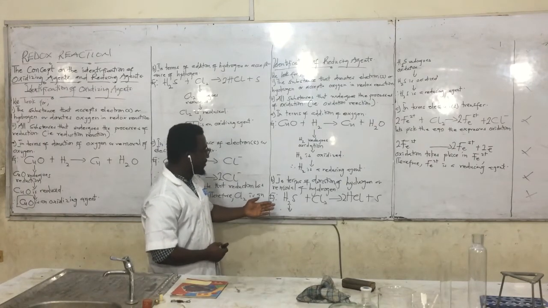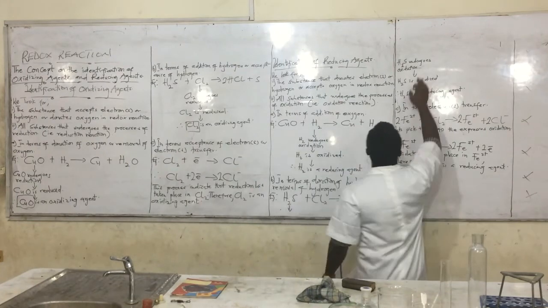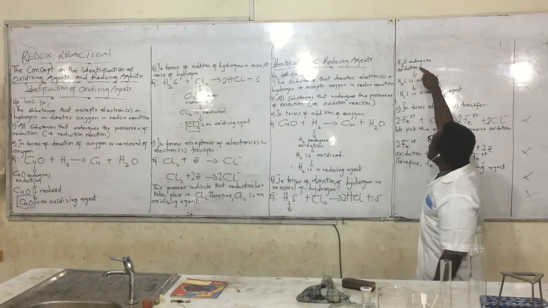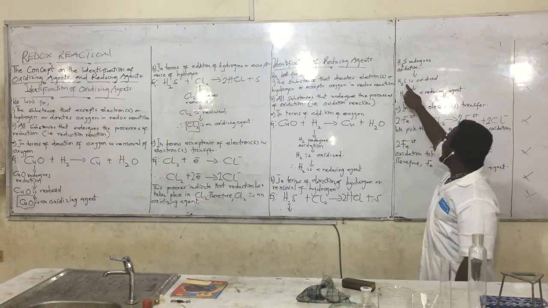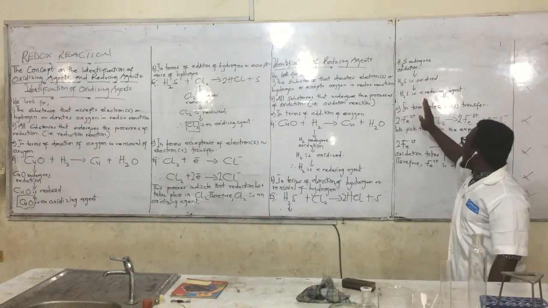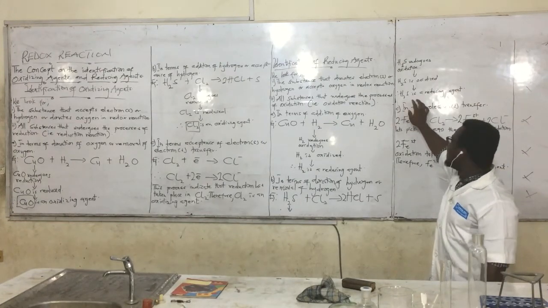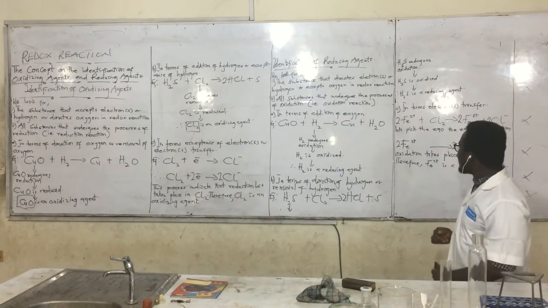So what can we say about H2S? H2S undergoes oxidation process. So H2S is oxidized. If H2S is oxidized, then it's a reducing agent. So technically, we are able to identify that it is a reducing agent.